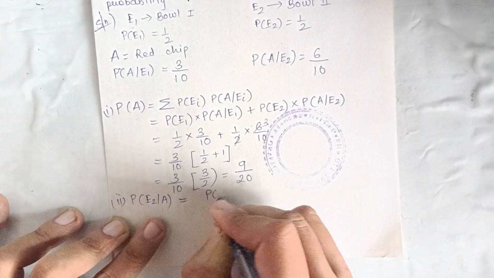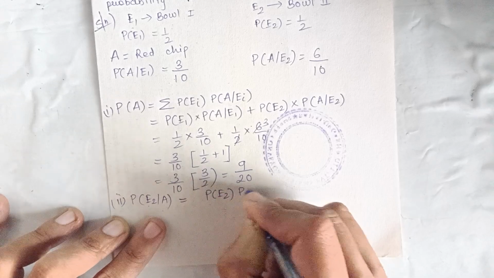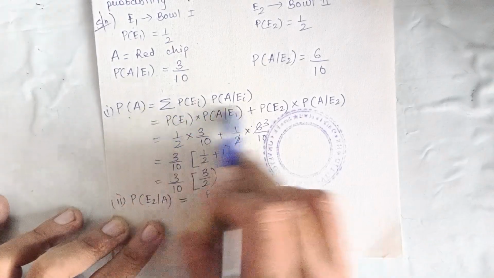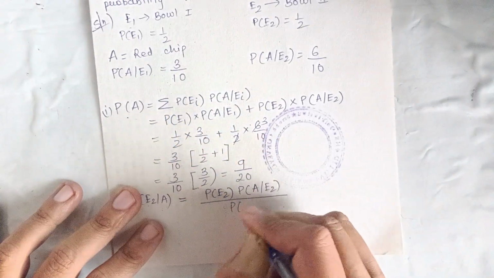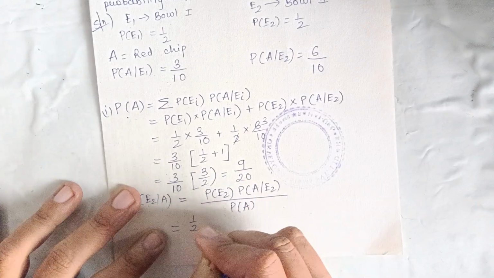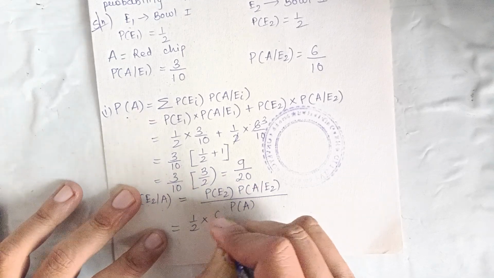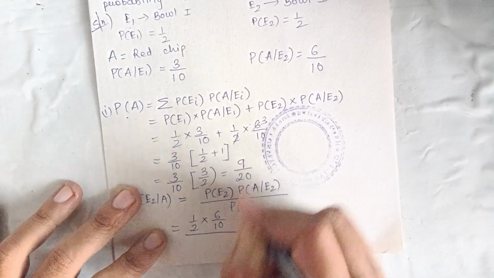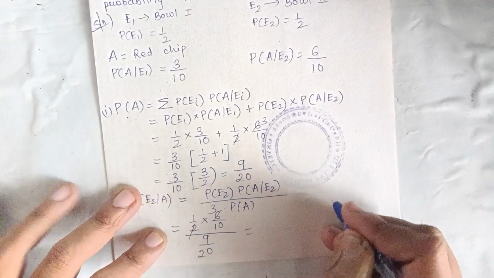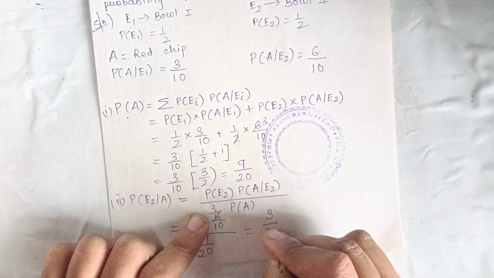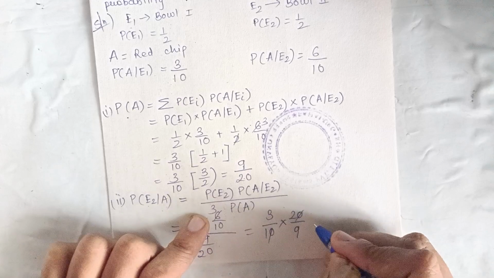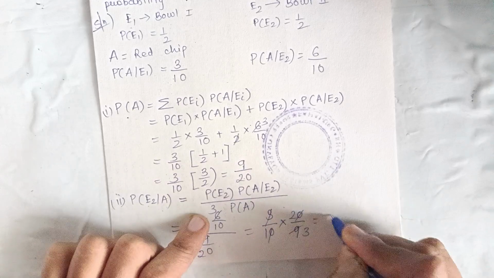So this will be P of E2 into P of A given E2, upon P of A. P of E2 is half, A given E2 is 6 by 10, upon 9 upon 20. So 3 upon 10 into 20 upon 9, which is 2 by 3.